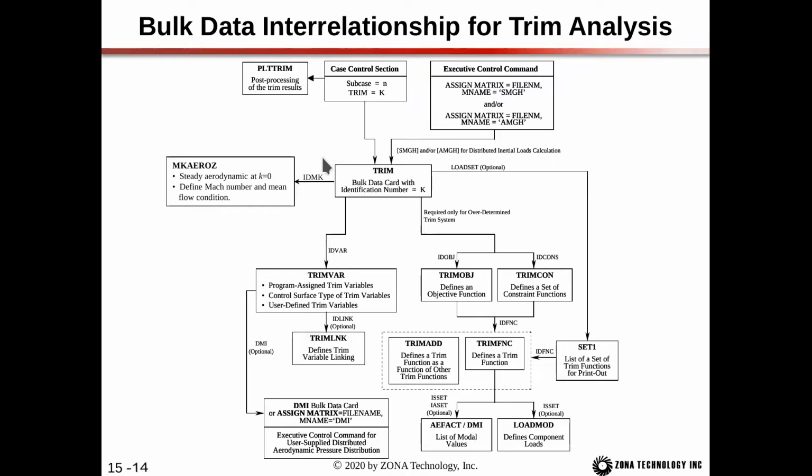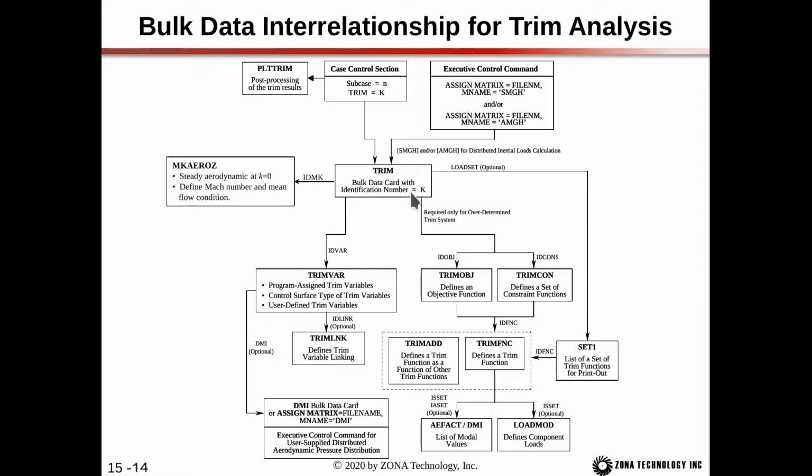This is the bulk data relationship. So we have the trim card is referred to by the trim case control section. The trim card refers out to an MK Aero Z card to define the Mach number and mean flow condition. The trim card refers to the trim var cards to define the trim variables. The trim var can optionally refer to trim link to define trim variable linking.